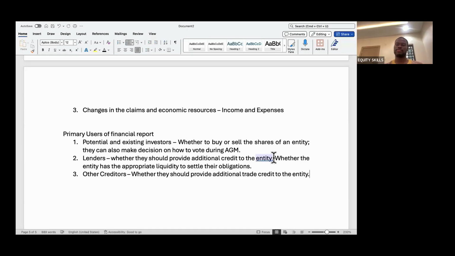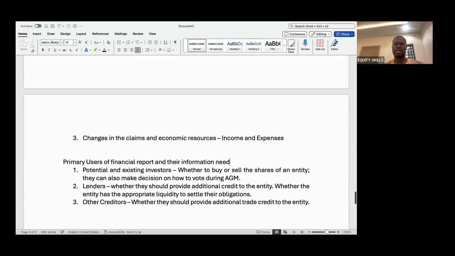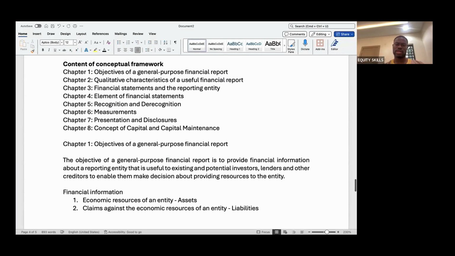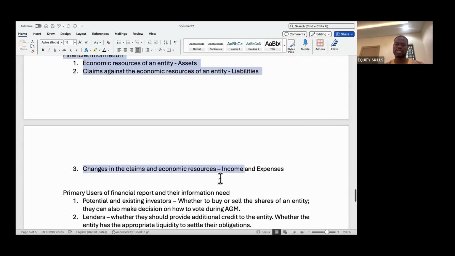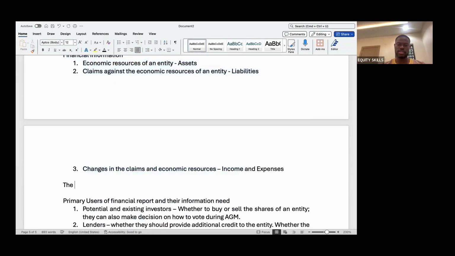So these are the primary users of a financial report and their information need.